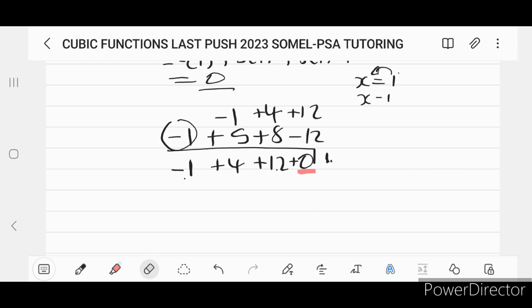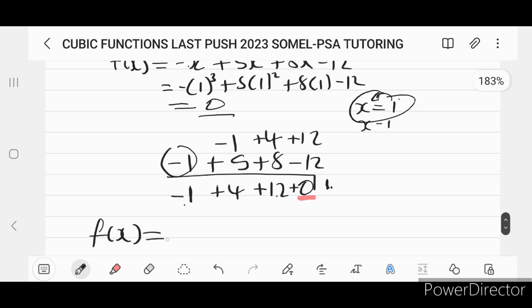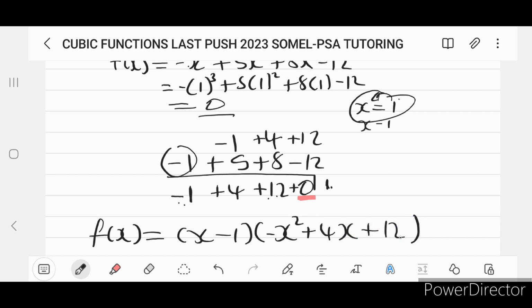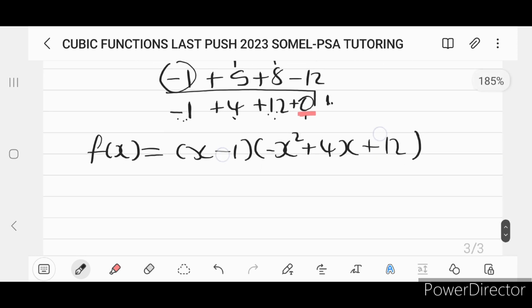Now remember my factors. What are my factors now? My first factor is x minus 1. My second one is going to be negative x squared plus 4x plus 12, whatever I found here, x squared, x, and constant, because this one is always 0.